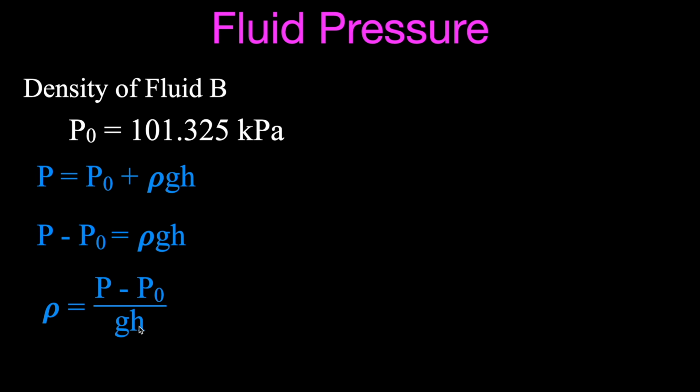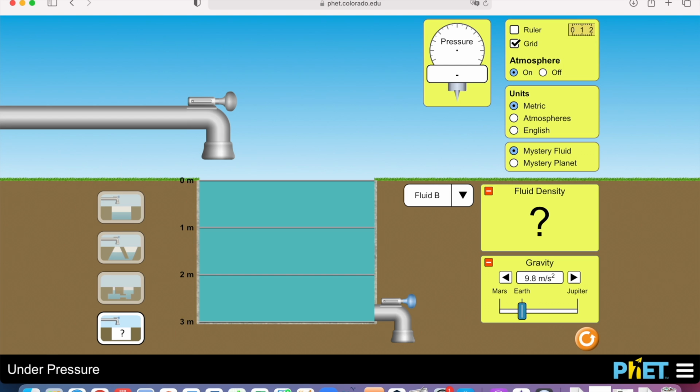We don't have the pressure at depth for that liquid, so we're going to go back to our simulation. We have the tank completely full, and I'm going to measure the pressure at, let's just say at 3 meters all the way down here at the bottom, just like that. Okay, now that's the pressure, and that is 125.983 kilopascals.